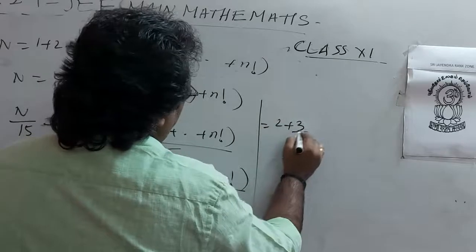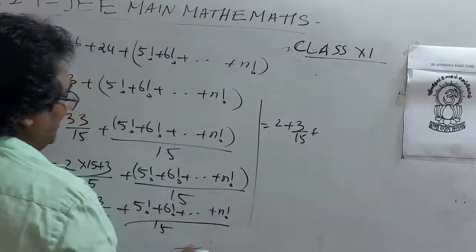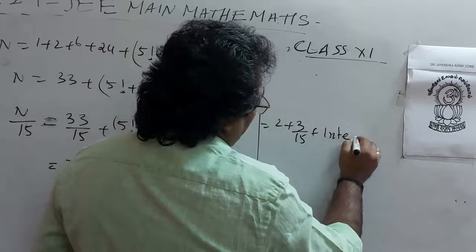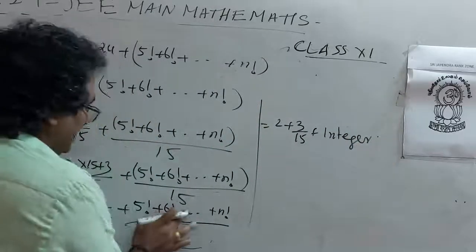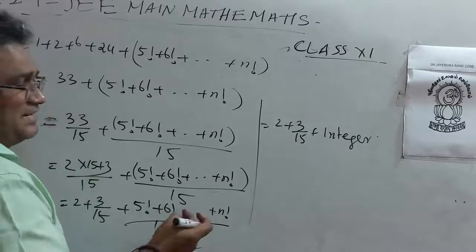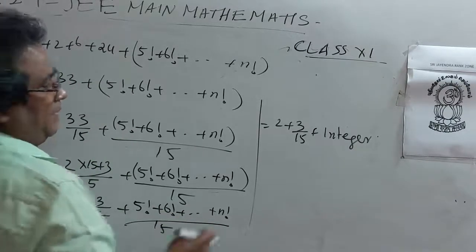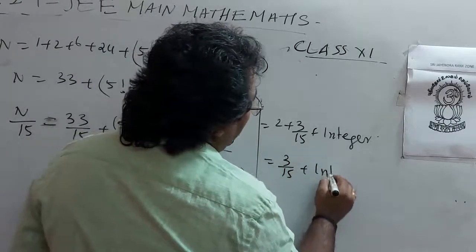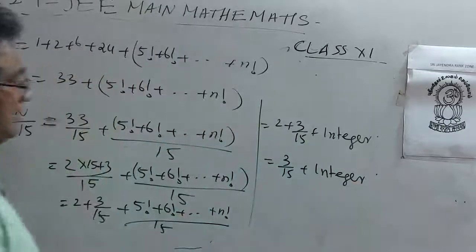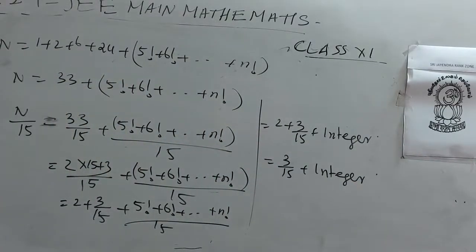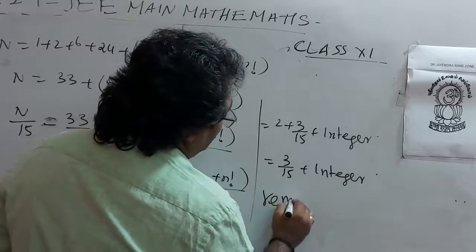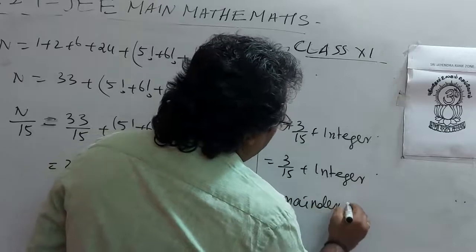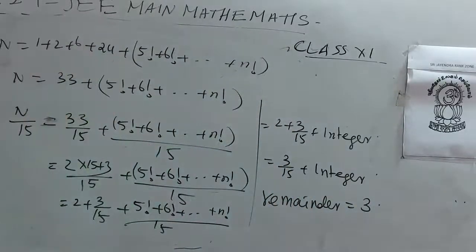An integer plus 2 is again an integer, so we have 3 by 15 plus an integer. Therefore, we want to find the remainder, so 3 is the remainder in this case.